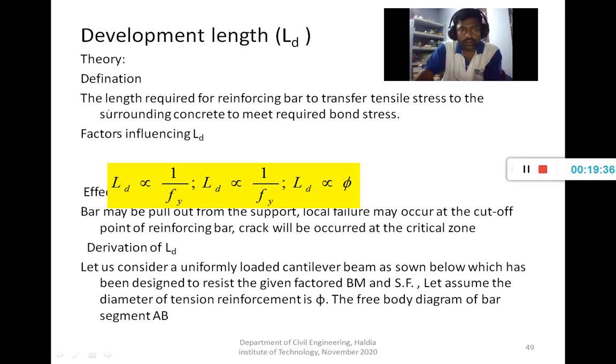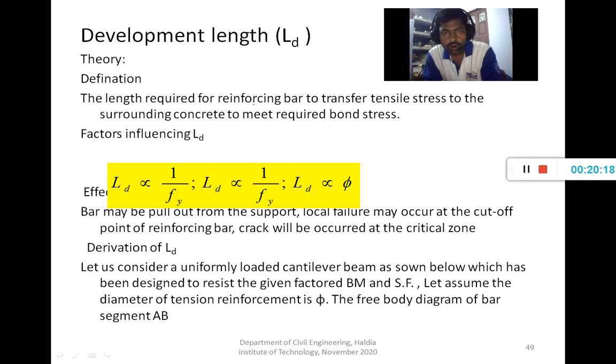The definition is, you know that the reinforcement bar is embedded into the concrete. The stress developed in the reinforcing bar, mainly the tensile stress, has to be transferred to the surrounding concrete safely, and you know that steel makes a good bond with concrete.